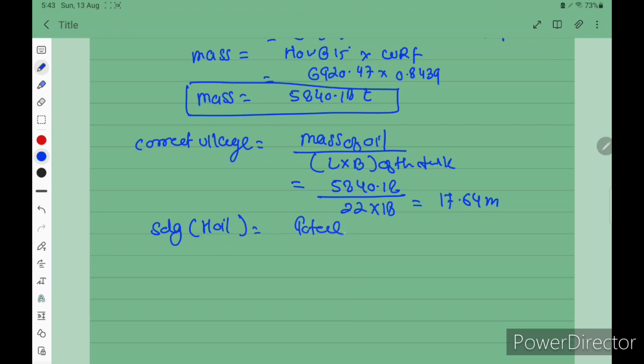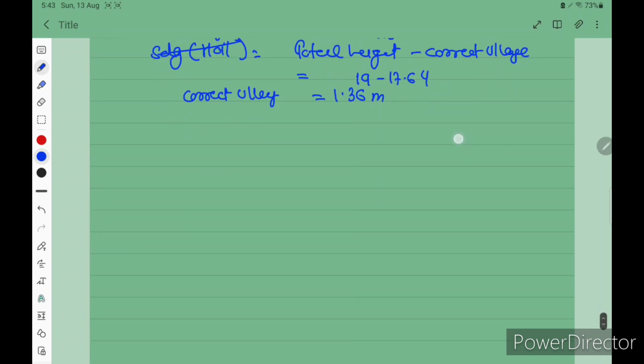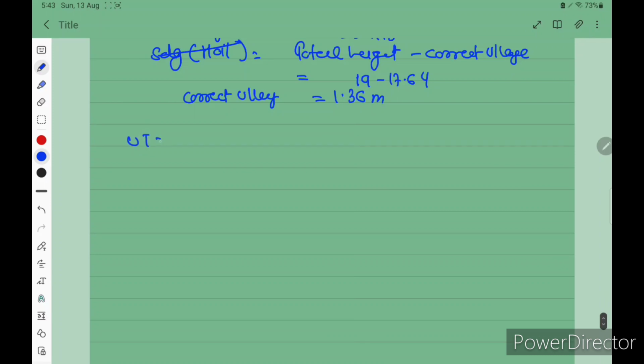So total height minus corrected ullage. So 19 minus 17.64, we get 1.36 meter corrected ullage sounding. So UT is equal to UO, put the values in the formula.